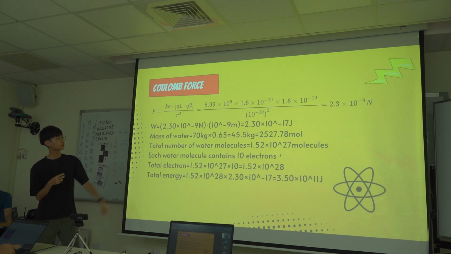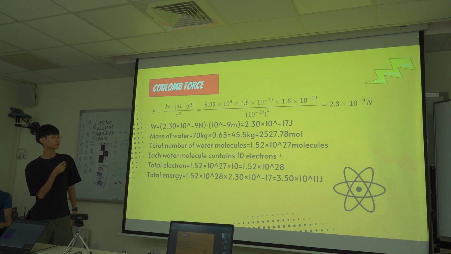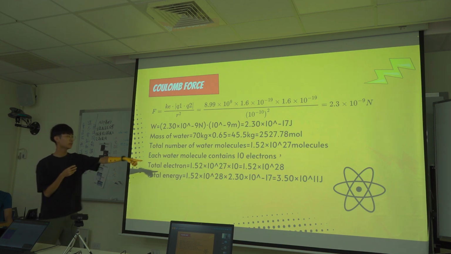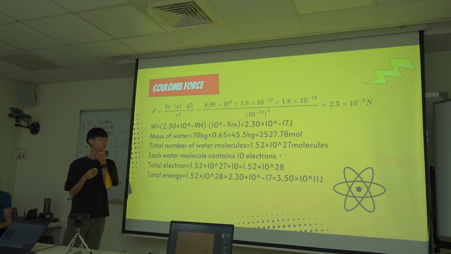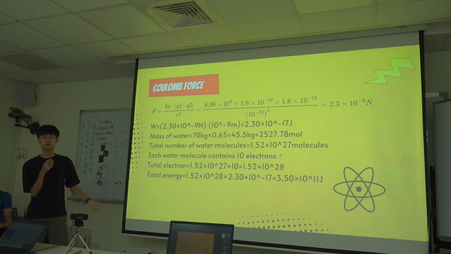And the total energy is about 3.5 times 10 to the power of 11, so it is about 84 kilograms of TNT. So I think it is impossible.